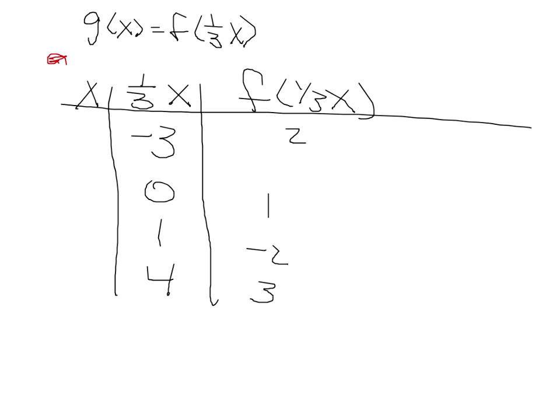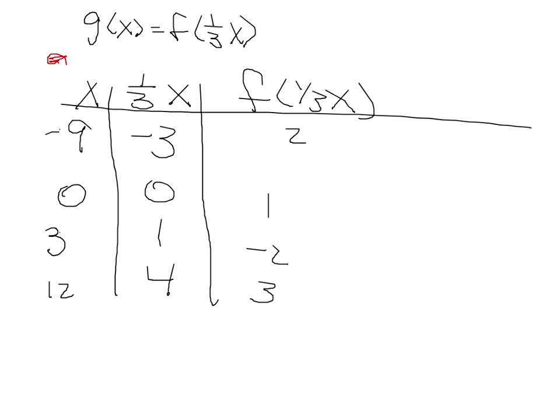But what does x need to be so that when I multiply it by 1/3, I get -3? If I start off with -9, times 1/3 is -3. 0, of course, stays. If I have 3, then I multiply it by 1/3, I get 1. And here, if I have 12 times 1/3, I get 4.